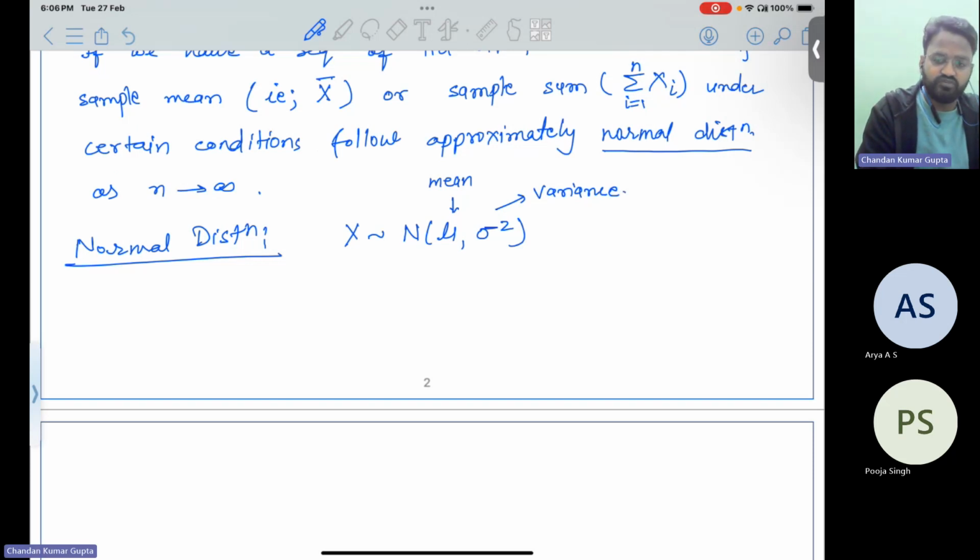We will always write variance. These are also the parameters. Here mu is one parameter and sigma is another parameter. So normal distribution has mainly two parameters, and we denote the parameters, the mean and variance in this case.